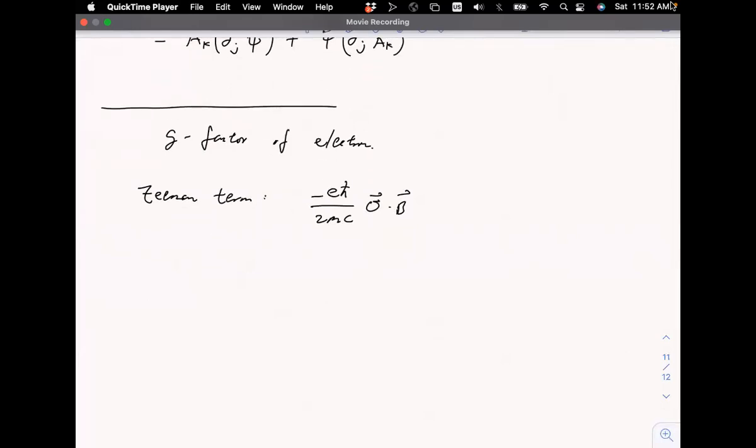So let's go back to define the magnetic moment. The magnetic moment is defined as mu equal to 1/2 r cross J, where J is the current density. The factor 1/2 is by convention.